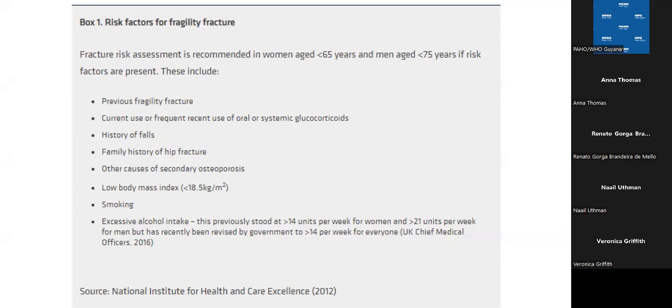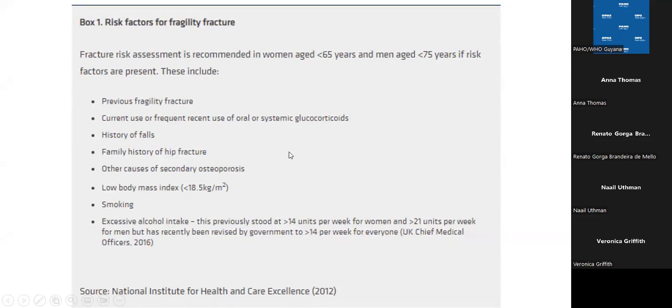Yet, we have important information that can be assessed during a primary health care medical consultation.